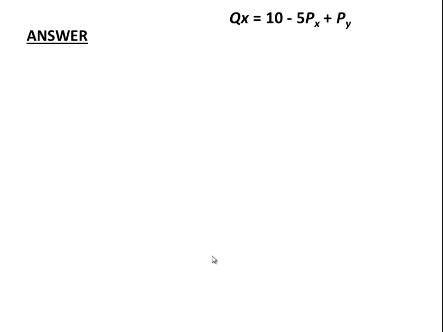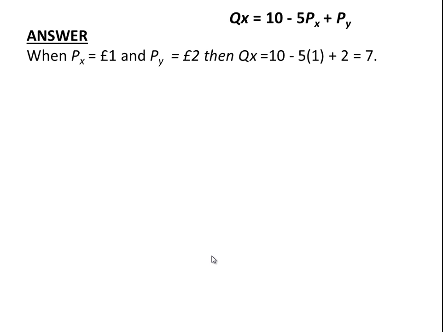The first step, because we've been asked to calculate first of all the price elasticity of demand for X, is that we need to know the formula. Part of that formula is the quantity of X. Here we know that the price of X is £1 and the price of Y is £2, so we can put that into our equation.